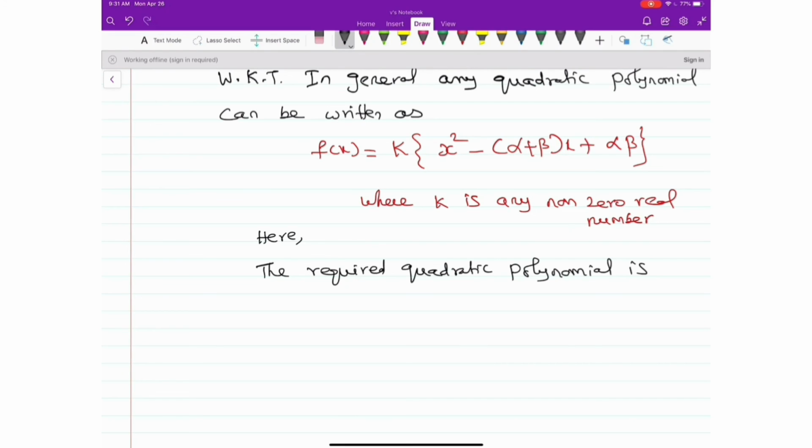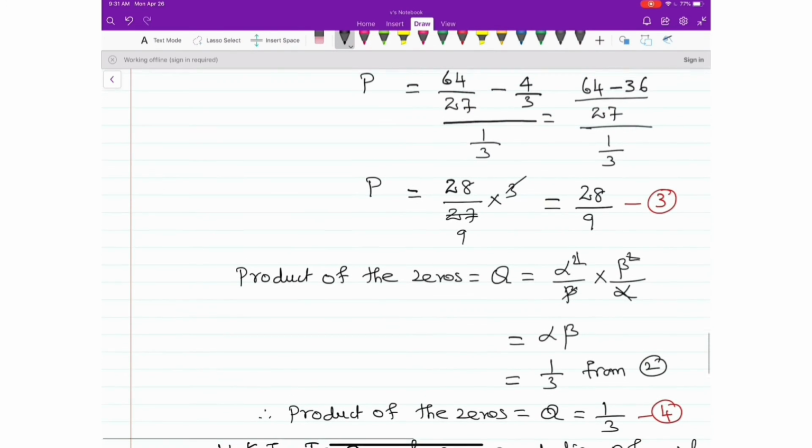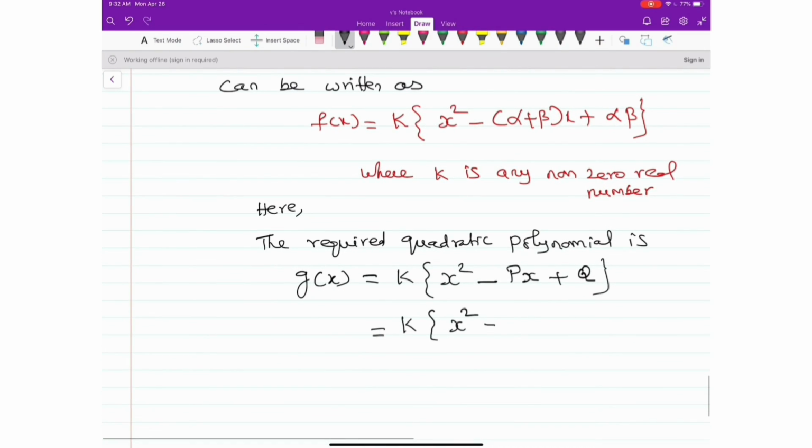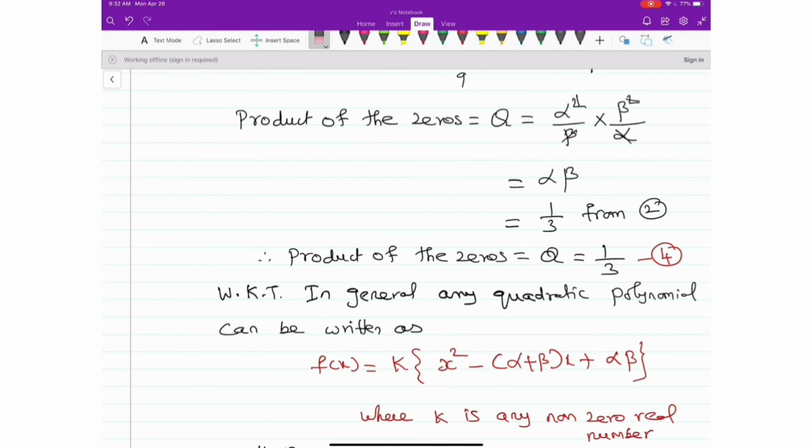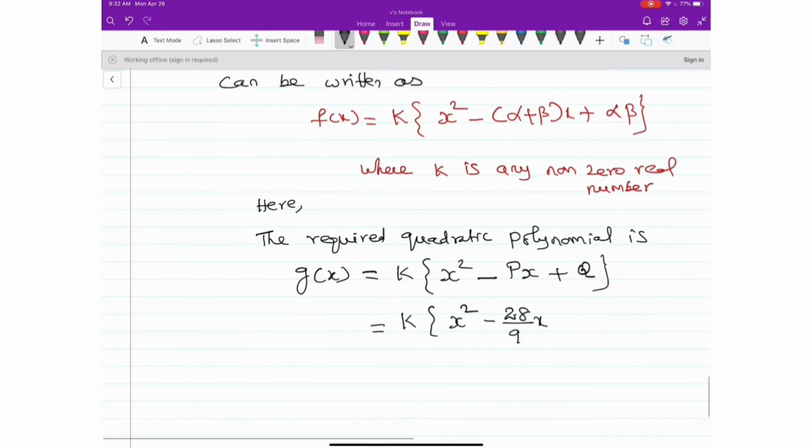So the required quadratic polynomial is, let me take it as g of x is equal to k into x square minus sum of the zeros, we took it as P, x plus product of the zeros, we took it as Q. So this is equal to k into x square minus 28 by 9 x plus 1 by 3. This I am getting from 3 and 4.